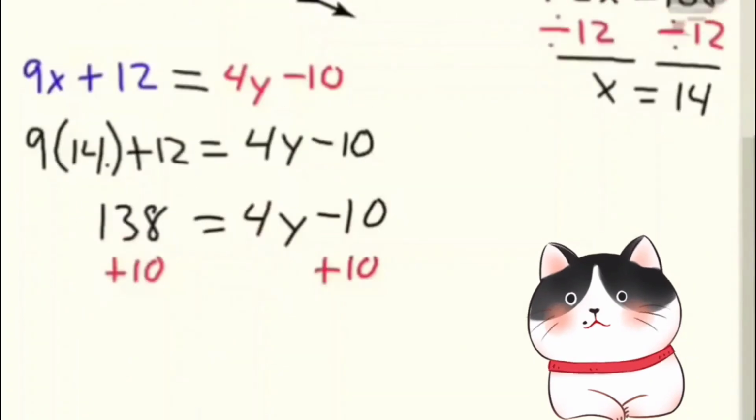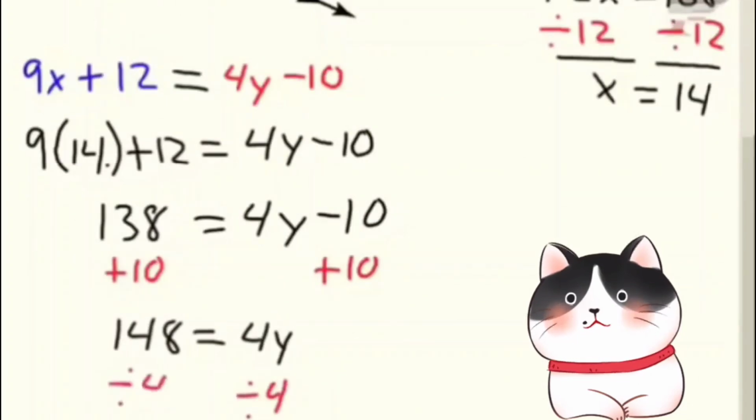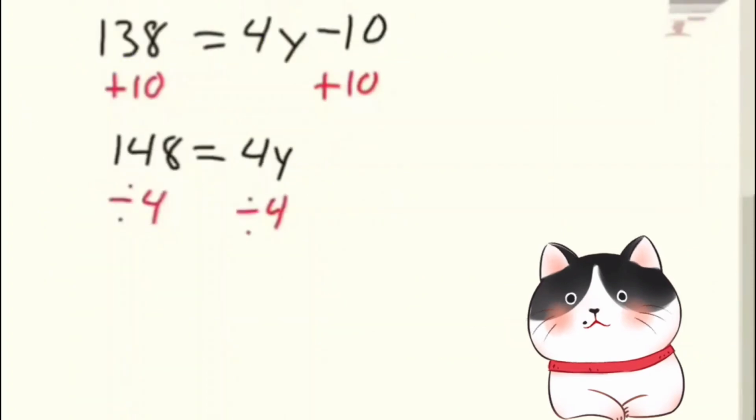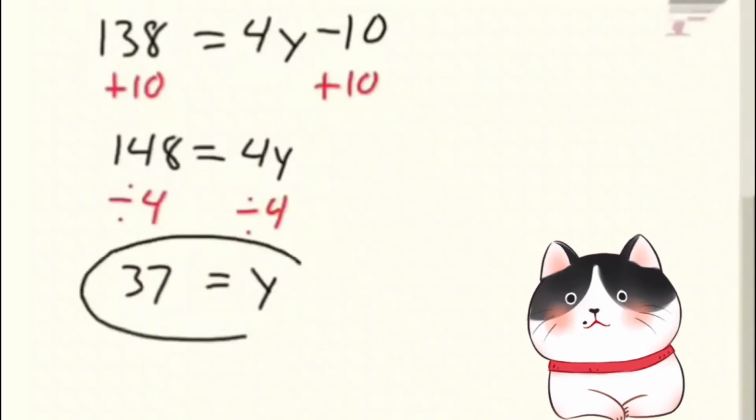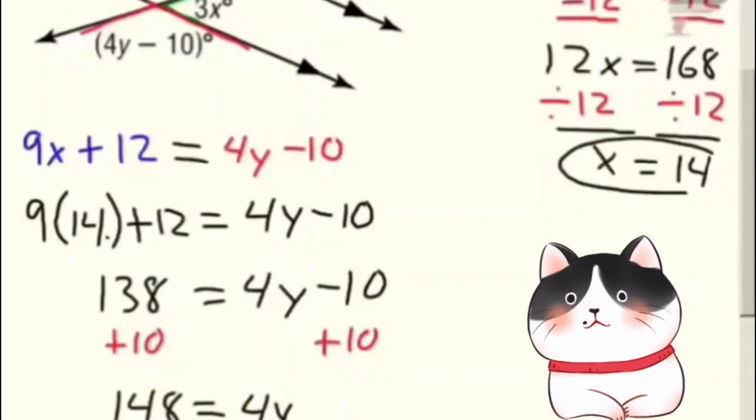Add 10 to both sides, that gives us 148 equals 4y, and then divide both sides by 4, gives us that y is equal to 37. So that's one of our answers, and then previously we had that x was 14.